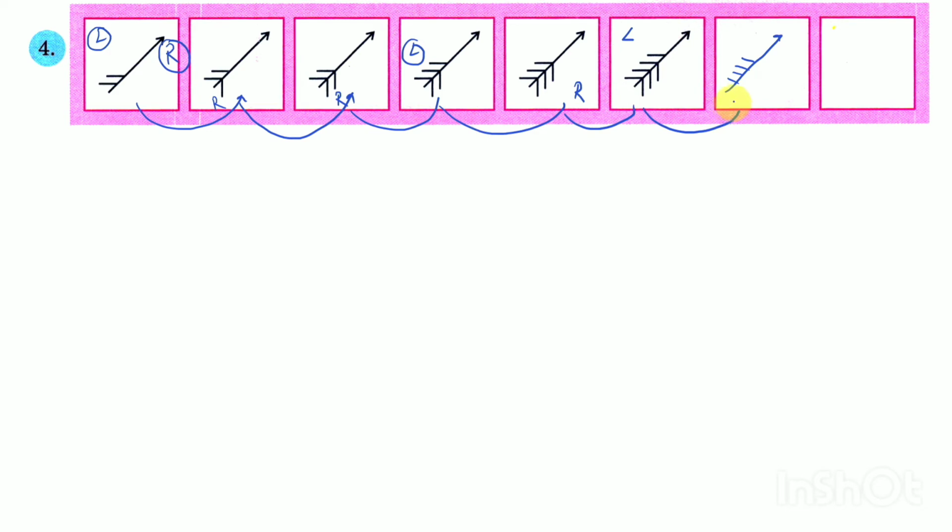There are 4 sticks, therefore the next line will be on its right side. In the next figure the line will come on its left side. 2, 3, 4, 5, 6, 7, 8, and so on, the next figure will come on its left side. I hope this is clear to you.